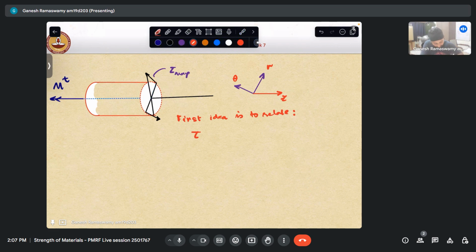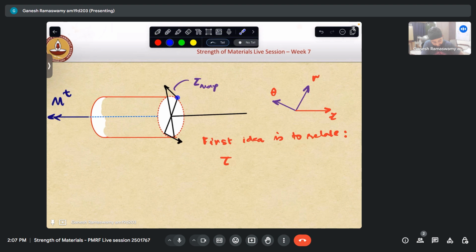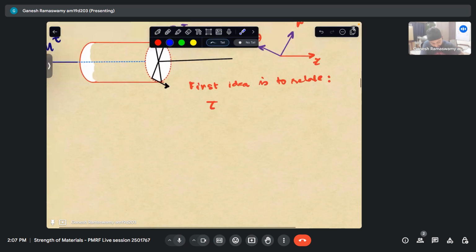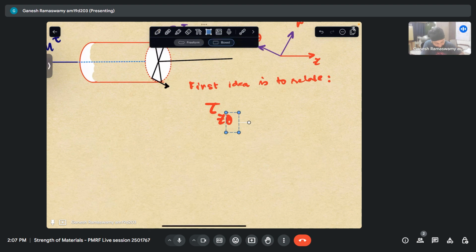If we were to put the subscripts here, we can see that this is along the theta direction and in the positive z face. So this is actually tau z theta. Our idea is to relate tau z theta to the externally applied torque MT.